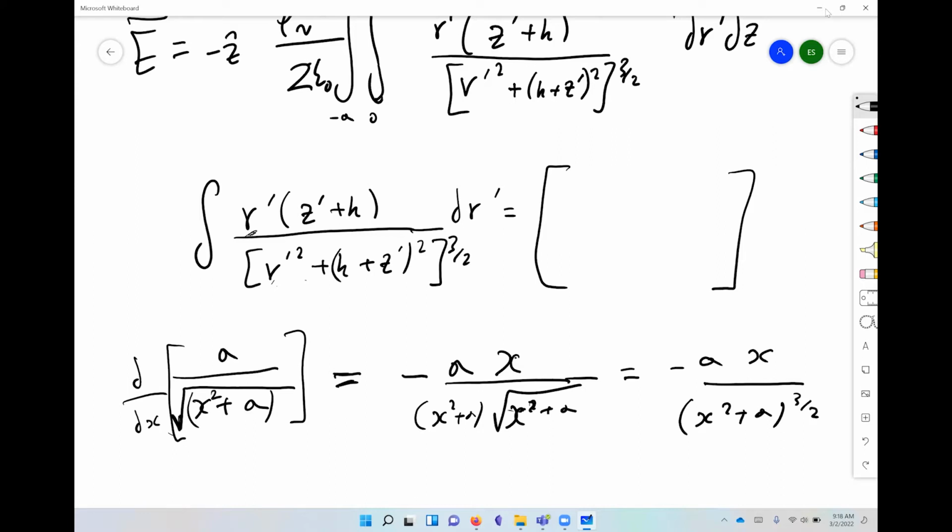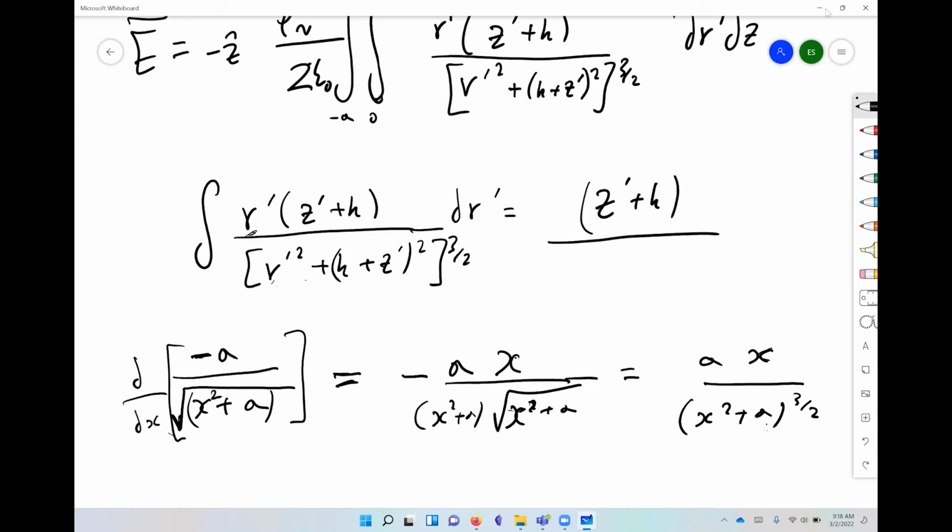Okay, so whenever you see x over x squared plus a to the power 3 over 2, you know that this comes from that derivative. Of course, I can take the minus sign to the other side. So the point is that this integral is equal to z prime plus h, which in this case is a constant, times minus 1 over the square root of r squared plus h plus z prime squared.